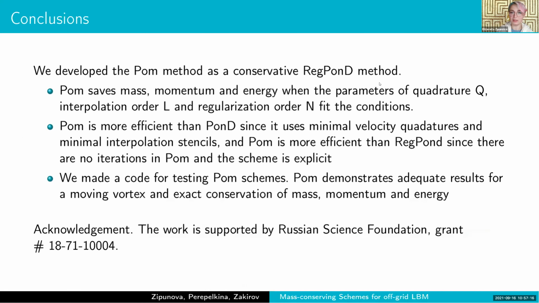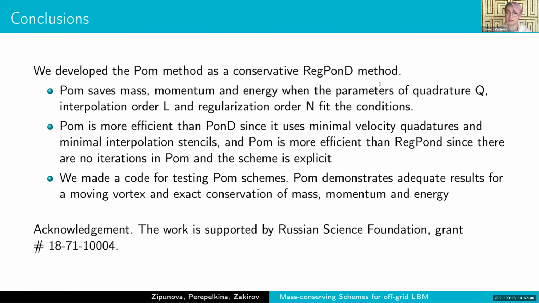The main conclusion of this work is that we developed the POM method as a conservative regularized method. POM saves mass, momentum, and energy when the parameters of quadrature, interpolation order, and regularization order fit the conditions. POM is more efficient than particles on demand since it uses minimal velocity quadrature and minimal interpolation stencils.